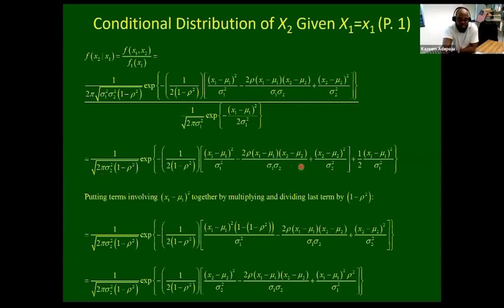Okay, so we're actually here now. What we're going to do now is put the term involving x1 minus mu1 all squared together by multiplying and dividing the last term by this. If you do what I said here, you're going to find yourself here.